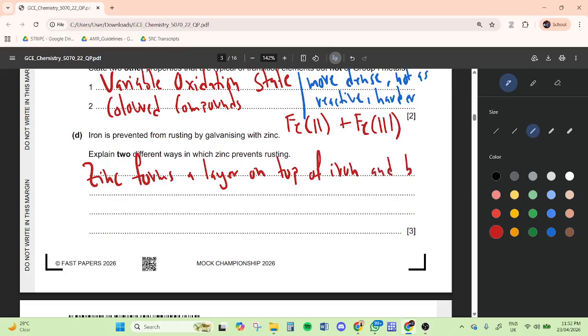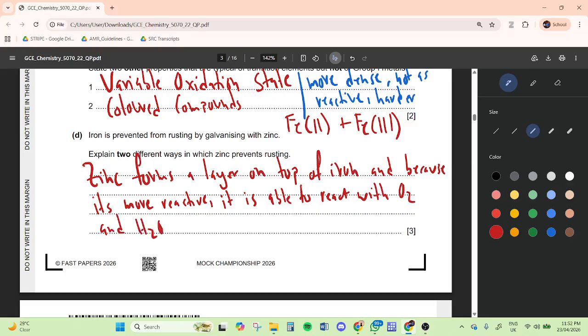And because it's more reactive, it is able to react with oxygen and H2O, preventing them from reacting with iron.